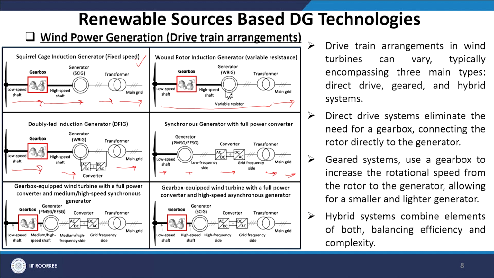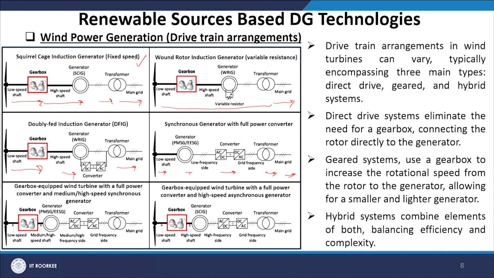Now, when you talk about a drivetrain arrangement in wind turbines, it can vary, typically encompassing three main types, that is direct drive, geared, and hybrid system. Now, when you talk about direct drive, it means your turbine axis is directly connected to your generator.